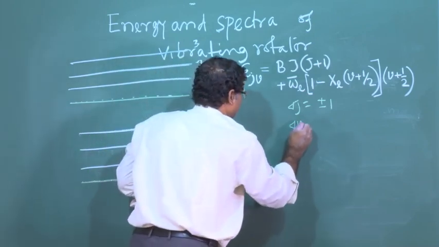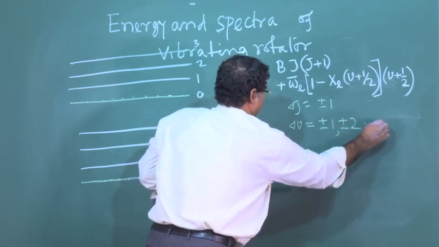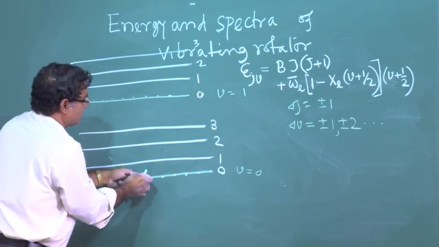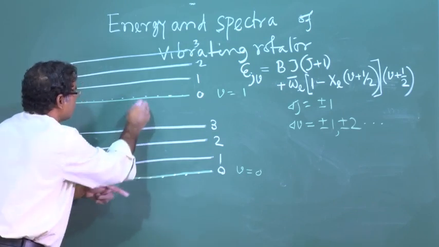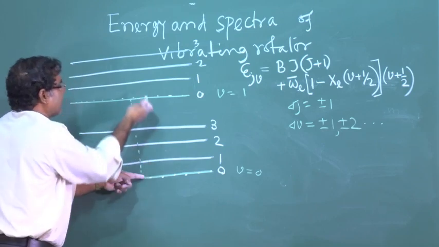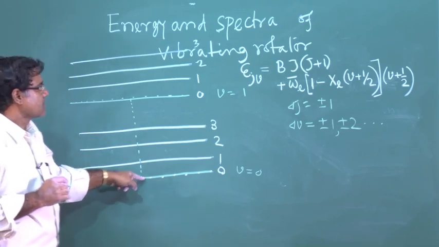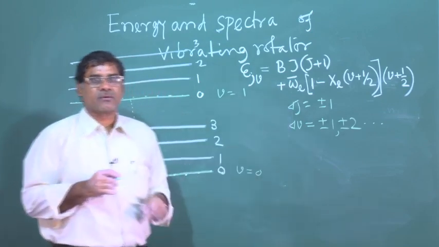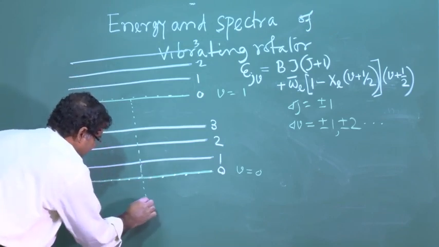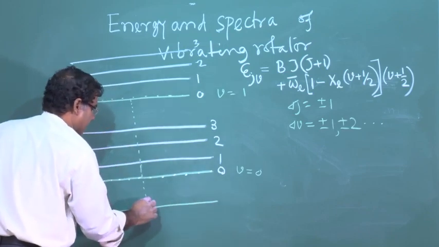Similarly, del v equal to plus minus 1, plus minus 2, etc. So, this transition j equal to 0 to j equal to 0 is not allowed in case of a vibrating rotator, because both selection rules have to be satisfied. So, the original spectral lines will be missing.